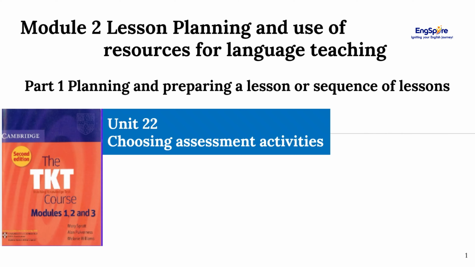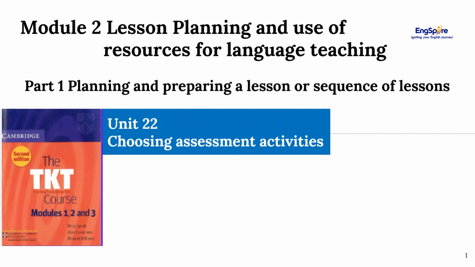In today's lesson, we will be looking at Unit 22, Choosing Assessment Activities from Module 2, Part 1 of the TKT course book. In this unit, we will explore how teachers can select suitable assessment activities based on their learners' needs and learning objectives.